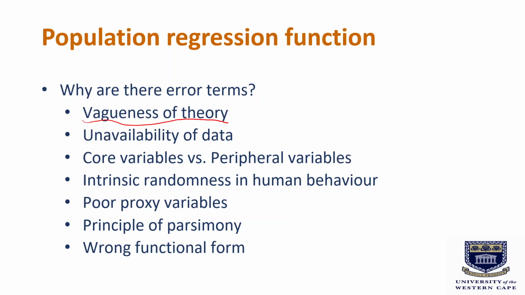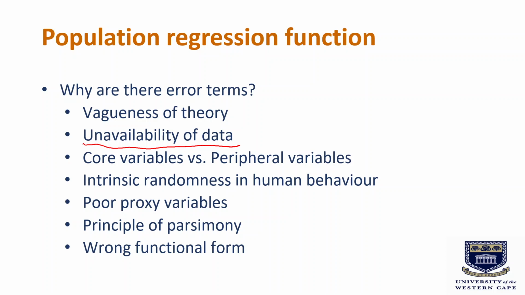Unavailability of data is another problem. Let's say that we discover that average age of members of the household is also an important variable that explains consumption expenditure, and that older households tend to spend less than younger households, for argument's sake.